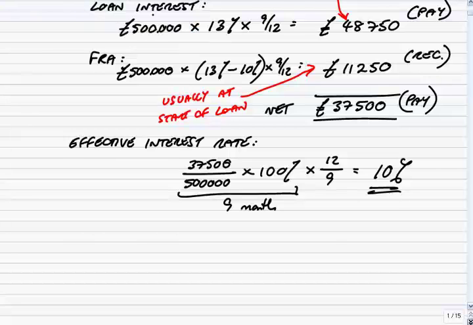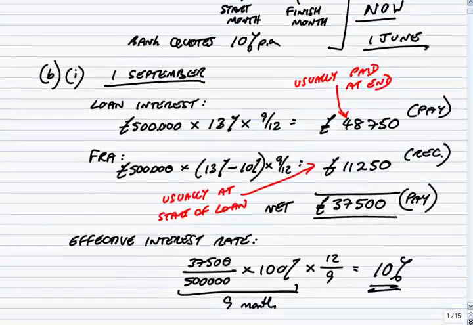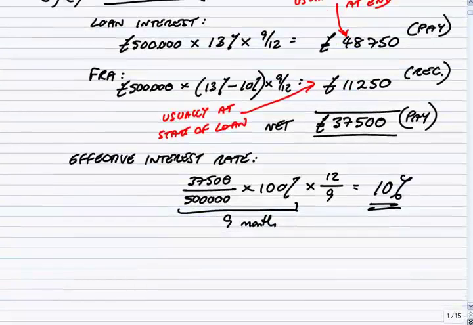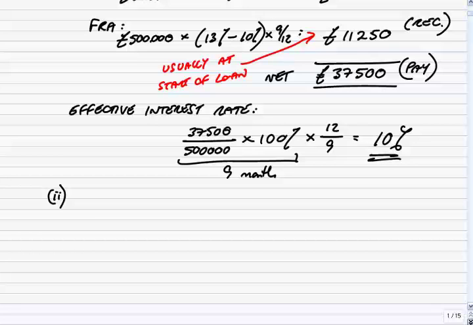Just to finish, though, here, remember we'd gone for an FRA at 10%. In part 1, the actual interest rate turned out to be higher, and so we got back the difference. But equally, if the rate turned out to be lower, well, we have agreed at 10%, we'll have to pay in the difference.